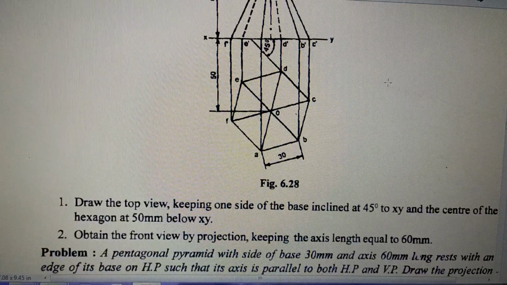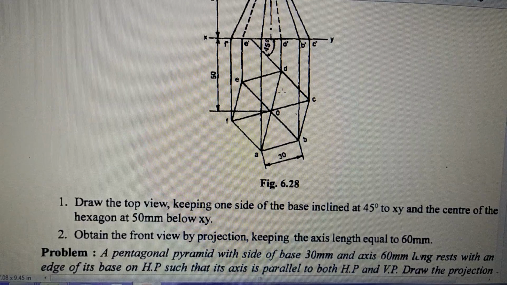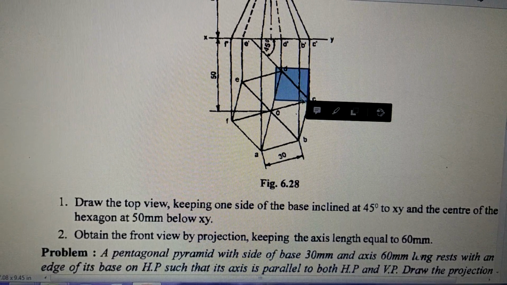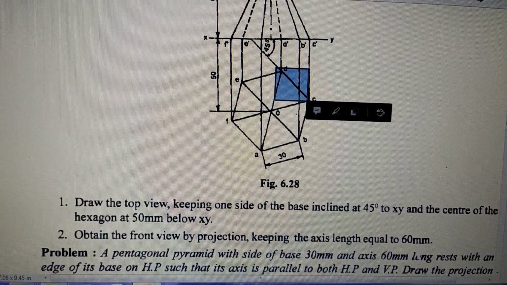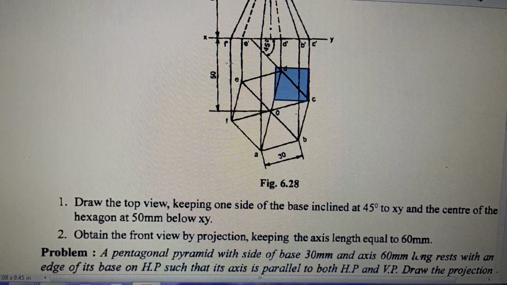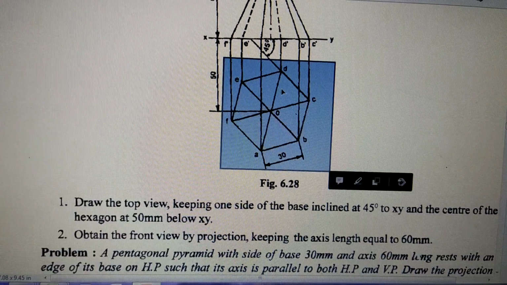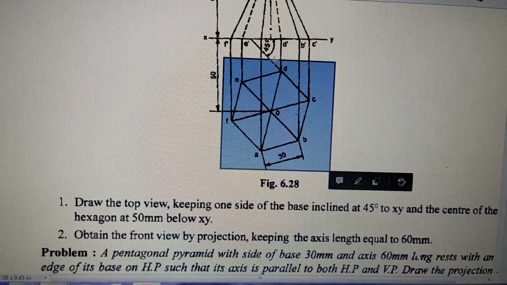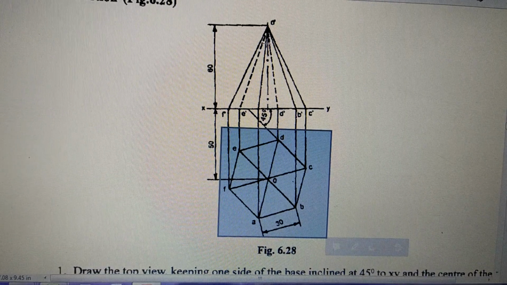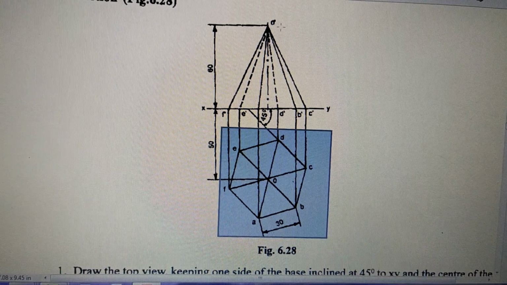Okay, so this figure I am eliminating. Here is the hexagonal pyramid, and one side of the hexagonal pyramid is making an angle of 45 degrees. According to that, its first position is drawn, making 45 degrees, and then with respect to this position, the top view is drawn where the apex is at 80 mm height.